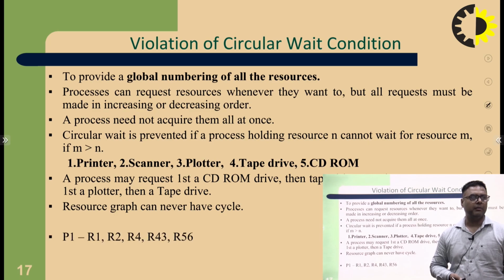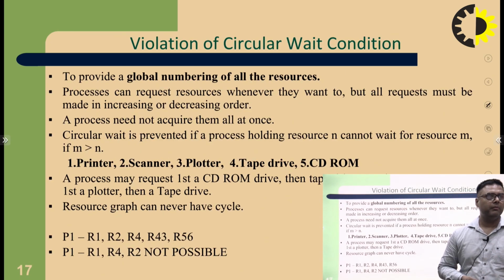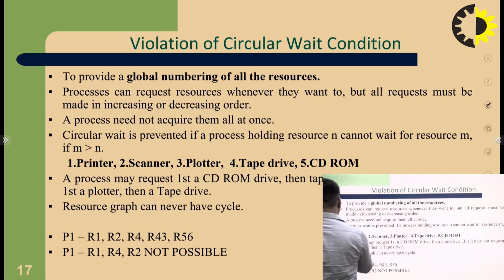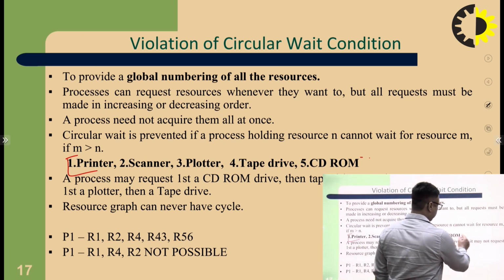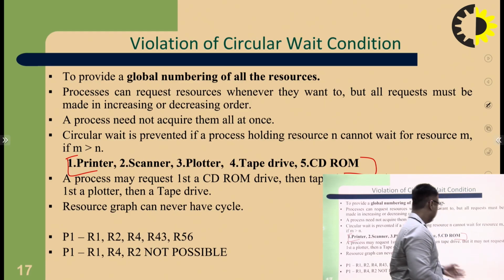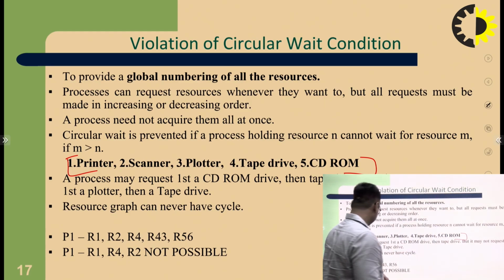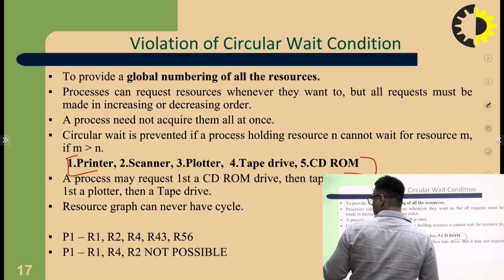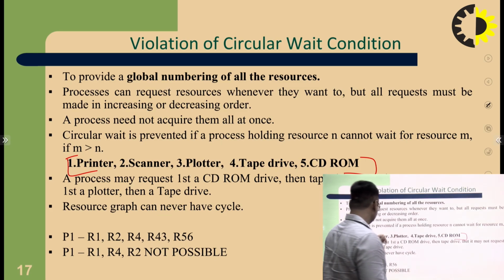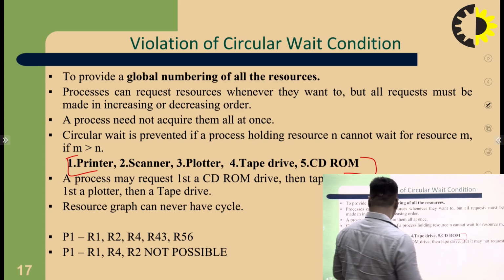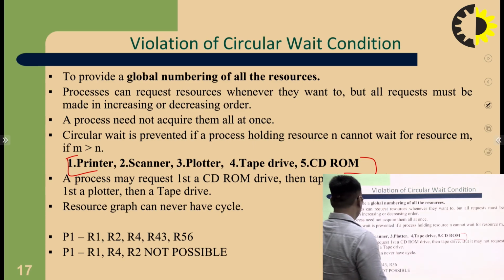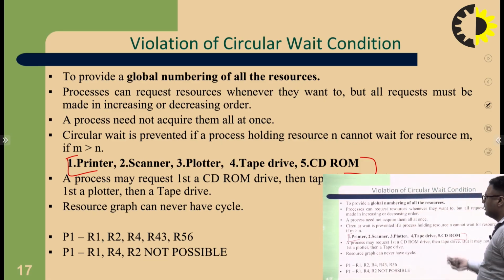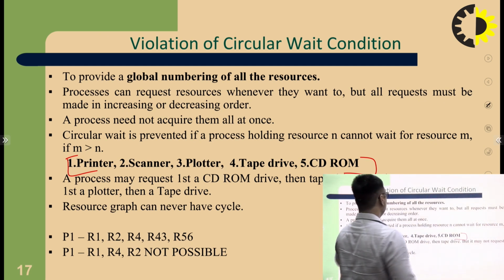Circular wait. Here some resources are mentioned, say resources 1, 2, 3, 4, 5, and numbered in increasing order. If process P1 uses resource R1, then R2, R3 and R4 can be allocated next. If it is using R3, then R4, R5 can be assigned to P1, not R1 and R2, because the order is increasing. As mentioned in the slides, provide a global numbering of all resources.